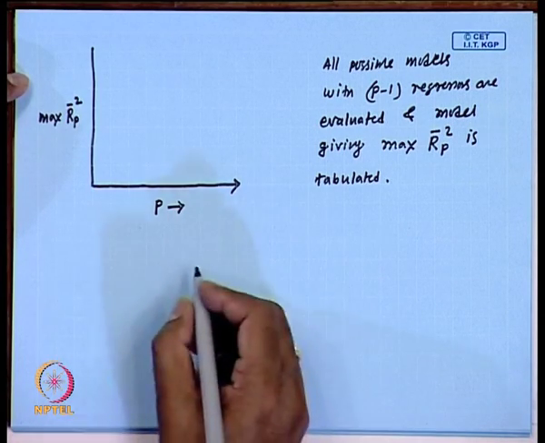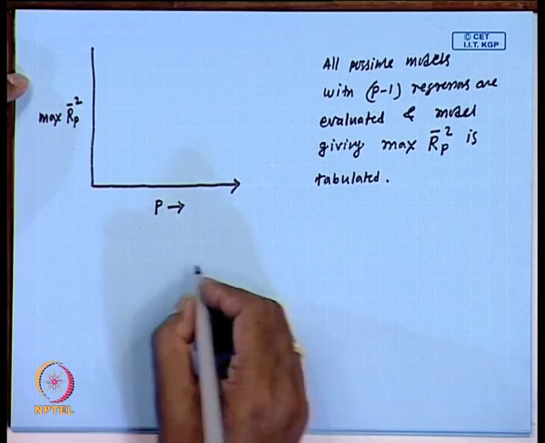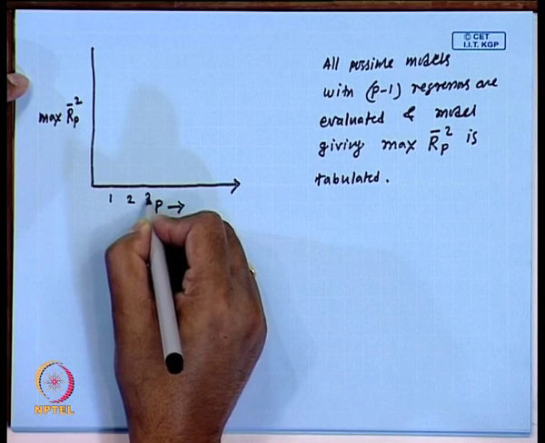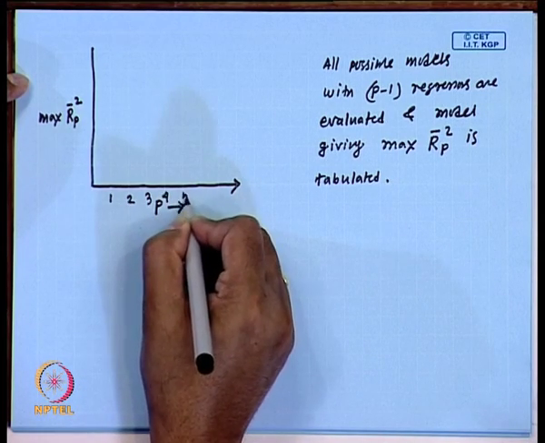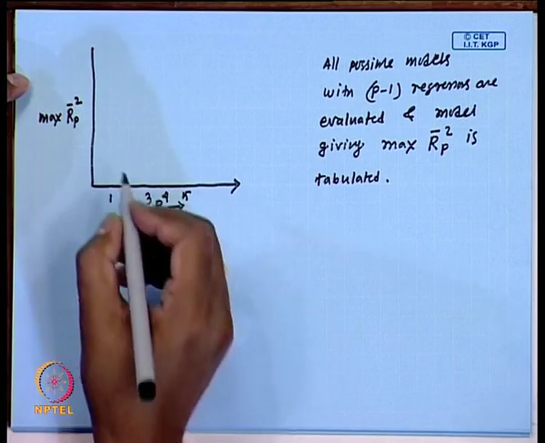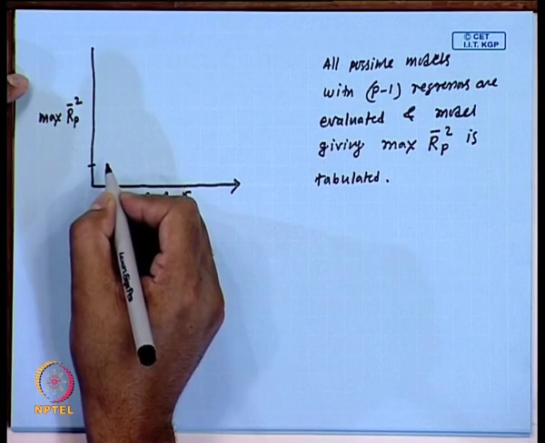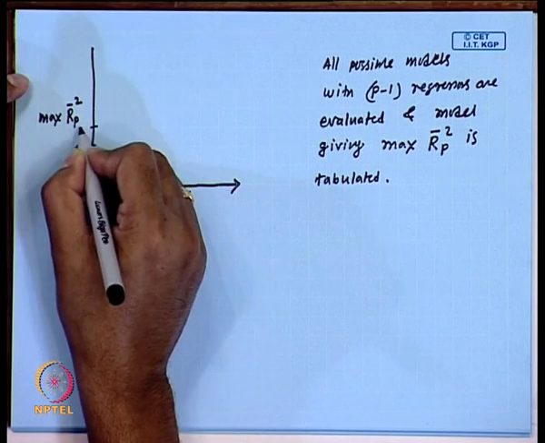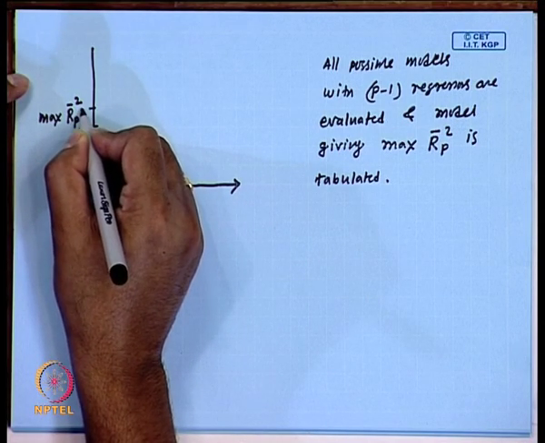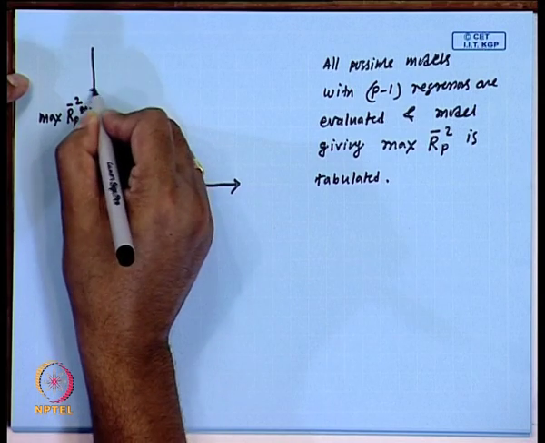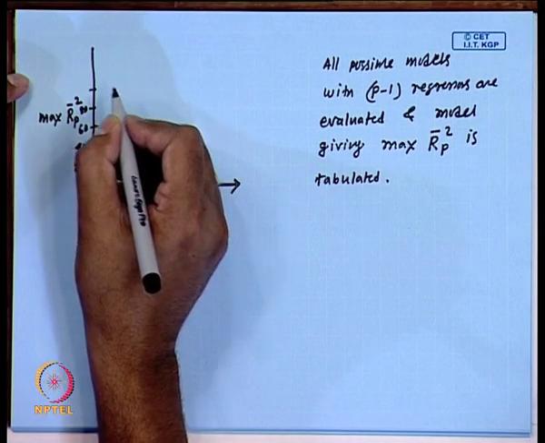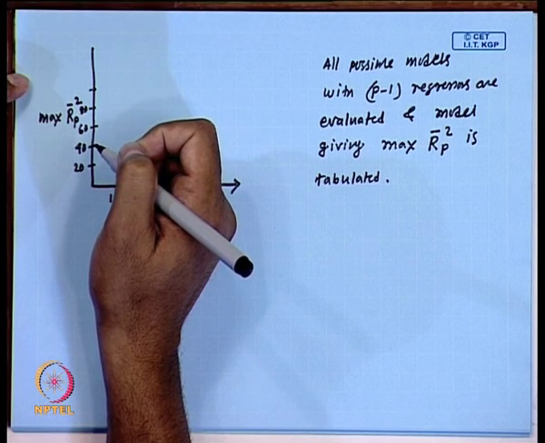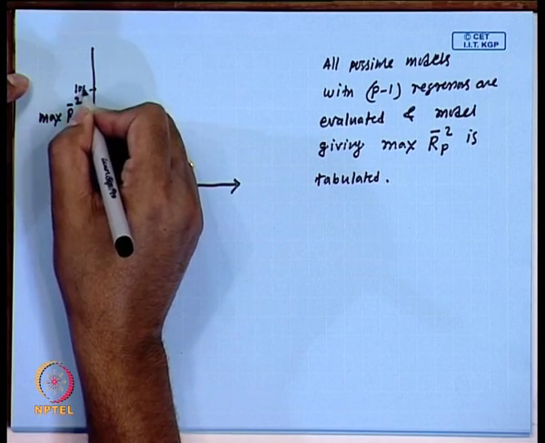Well, so let me put the axis values 1, 2, 3, 4, 5 and 20, 40, 60, 80, 100.